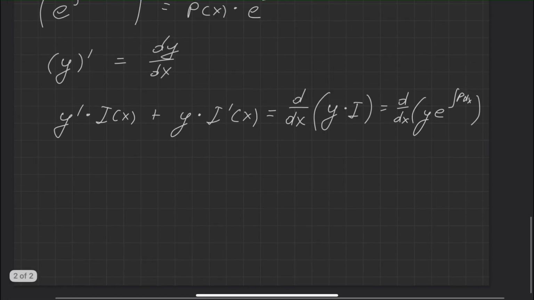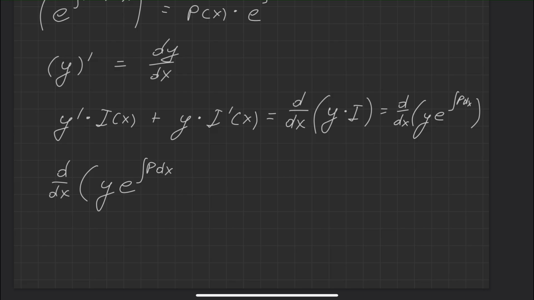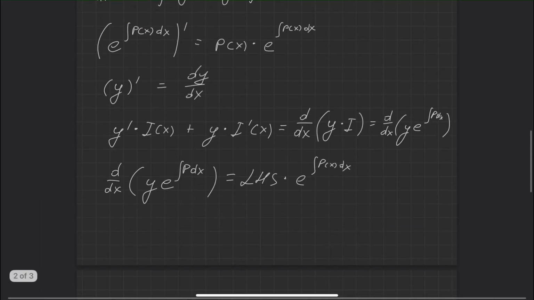So what we will actually be left with is d dx of y e to the integral p dx. Of course, note that p is still a function, it didn't become a variable. I just spared the x. This is equal to our right-hand side times the integrating factor, so e to the power of integral p of x dx. Now this we will be able to separate, but let's actually show it on the example in a moment.